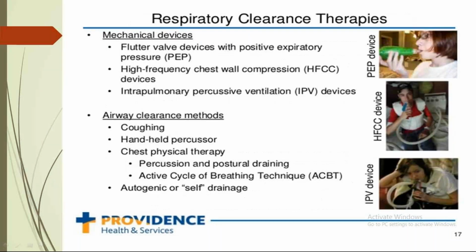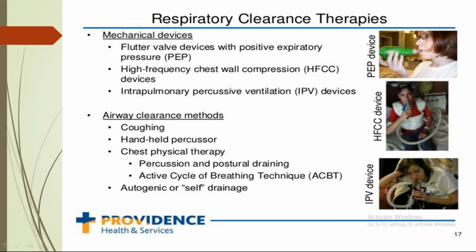As there is obstruction of mucus, to clear the airway from these mucus secretions, we'll use some techniques. These are respiratory clearance devices. We can go for natural methods or by using mechanical devices.